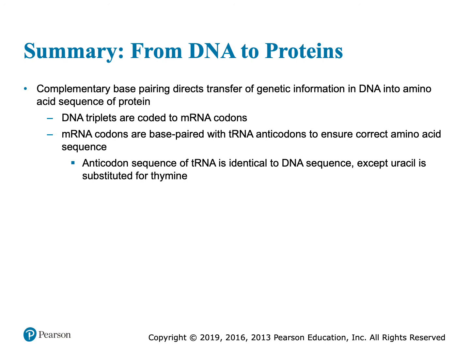That's the message. That is transcription. Then those mRNAs are going to go set up house on a ribosome, and because of its triplets, its codons, the tRNA knows which amino acid to drop off because he has the anticodon.